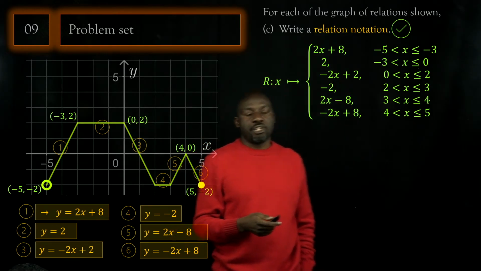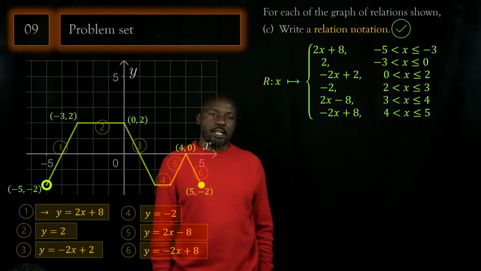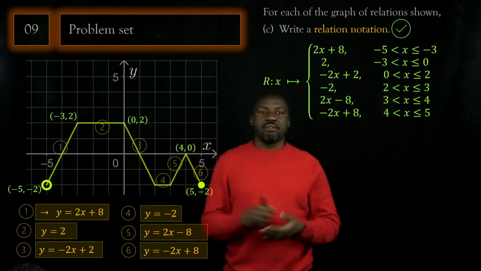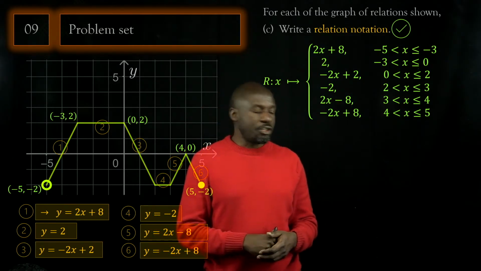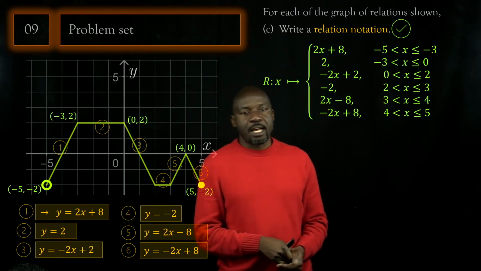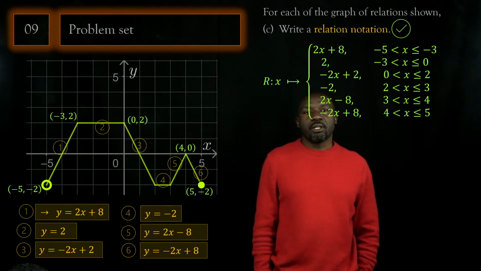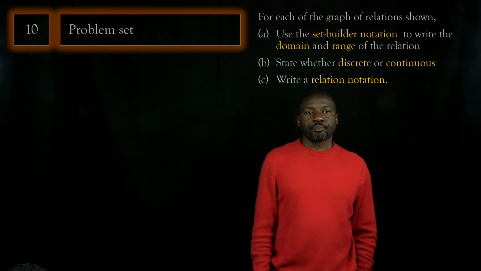This is the relation notation for this particular relation. This gives us a chance to revise our coordinate geometry, gradient of a line, equation of a line, and so on, while at the same time we tackle relation problems. Okay, let's go to the next part.